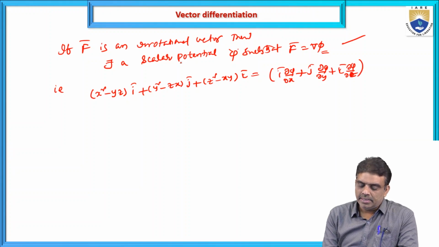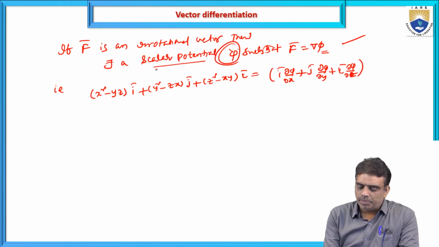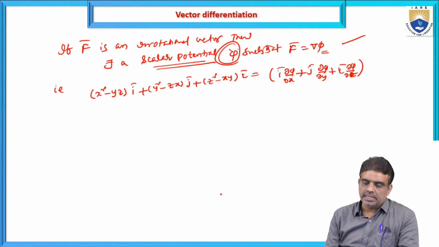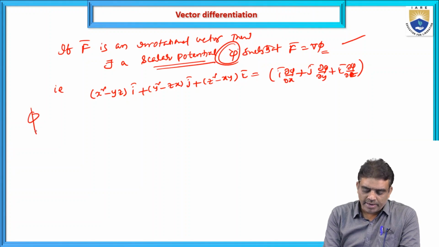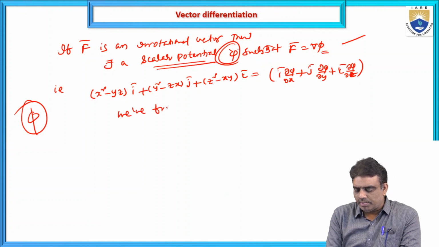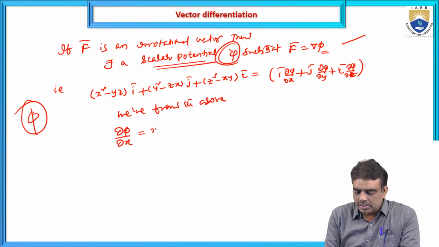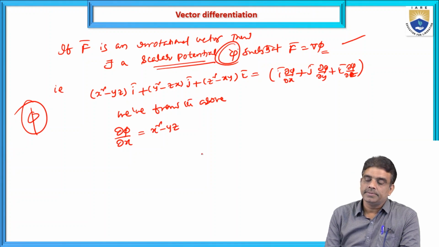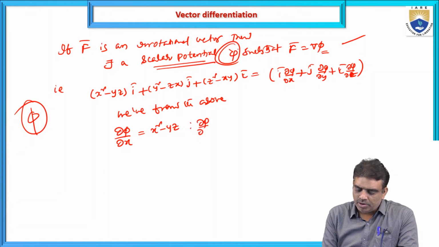We have to find the phi value, the scalar potential function. That is what was asked in the question. So from the above relation, dou phi by dou x is x square minus yz. And dou phi by dou y.